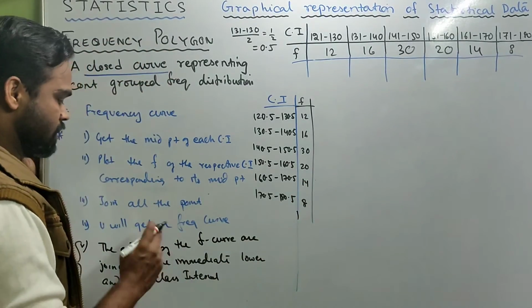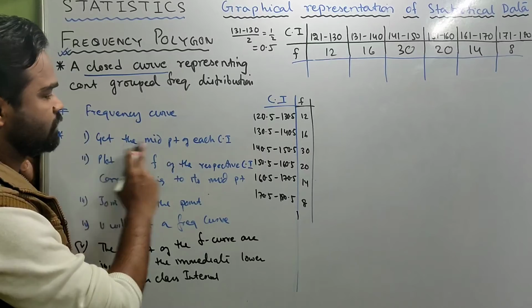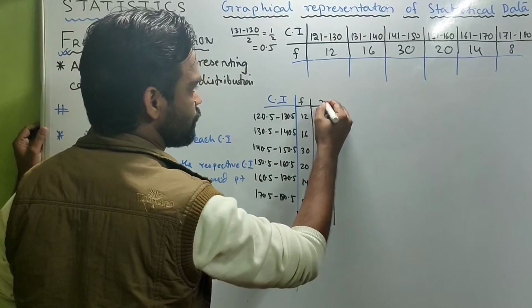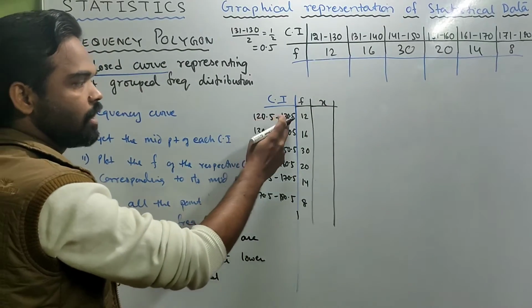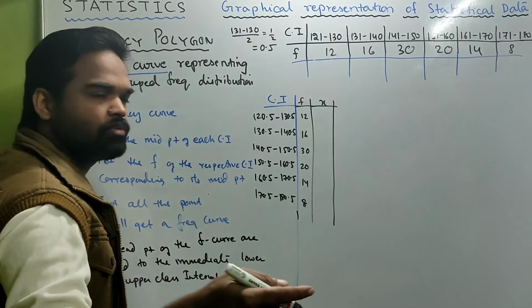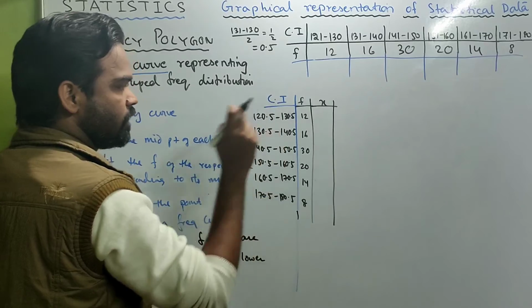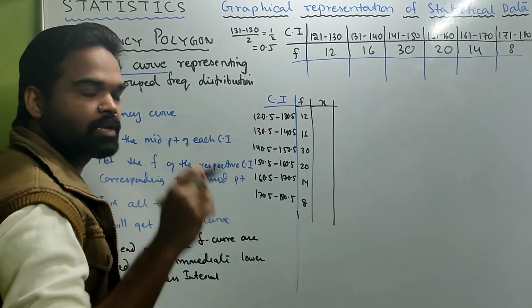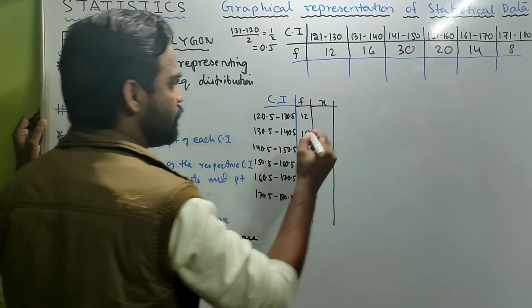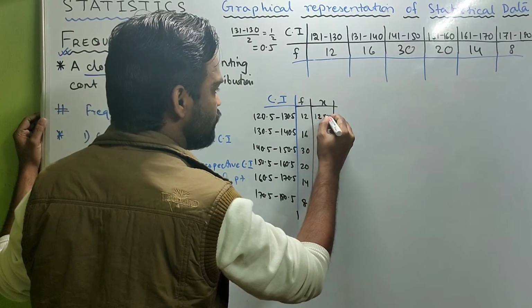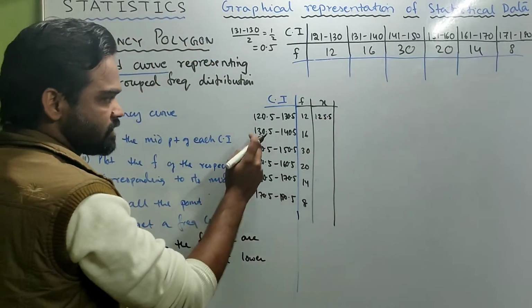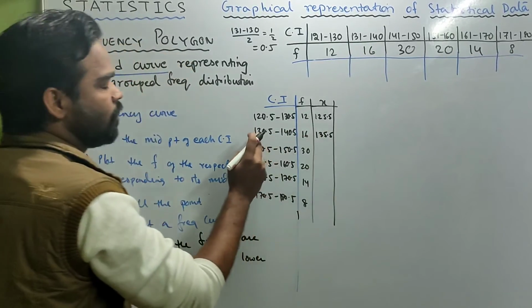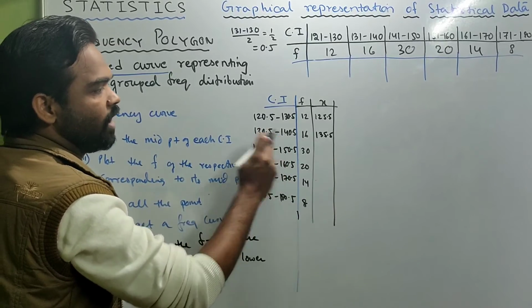First of all, we need to get the midpoint, which we call x: lower limit plus upper limit divided by 2. So 120.5 plus 130.5 is 251, and 251 divided by 2 gives 125.5. Similarly, this becomes 135.5; 130.5 plus 140.5 is 271.